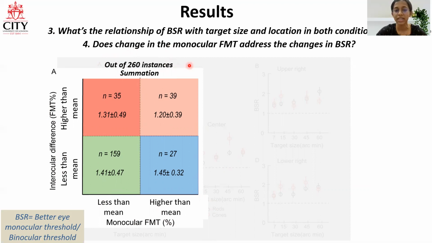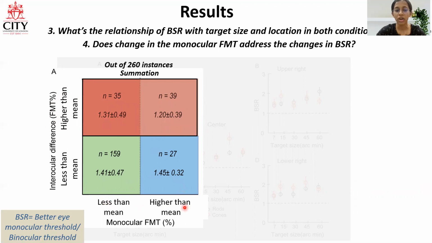And out of these instances, what was the summation ratio when the IOD was large and when the IOD was small, and the same goes for the monocular FMT. So if you see over here, in the first two cells, n is equal to 35 and 39, where the IOD was higher, the summation ratio magnitude became low.